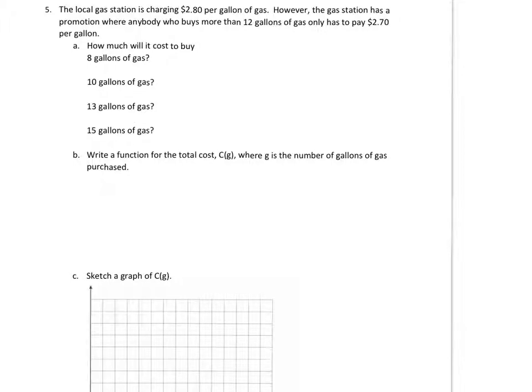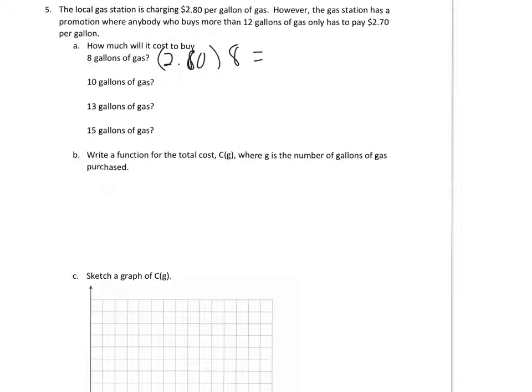Well, since 8 gallons is less than 12 gallons, they'll have to pay $2.80 per gallon. So the answer would be $2.80 times 8 gallons.